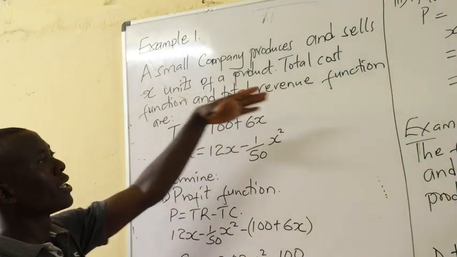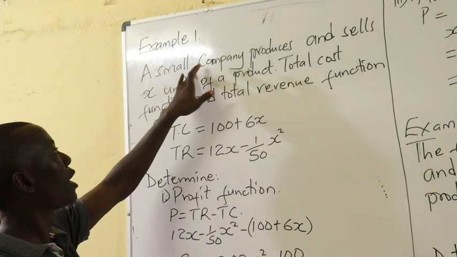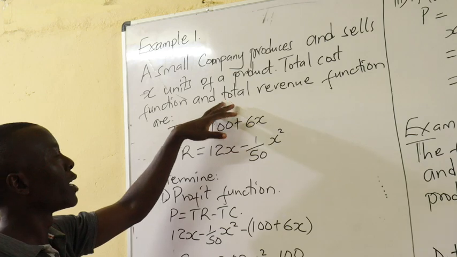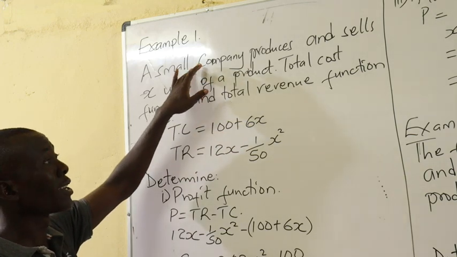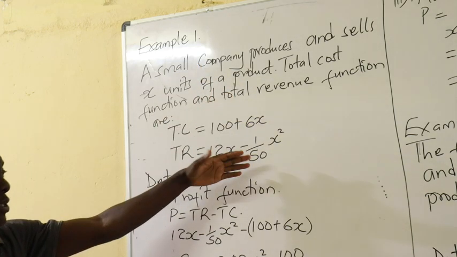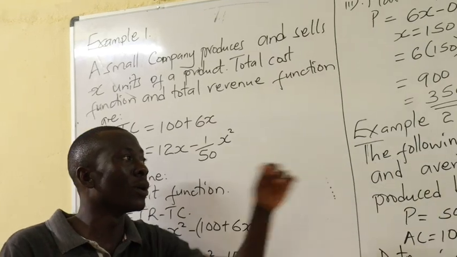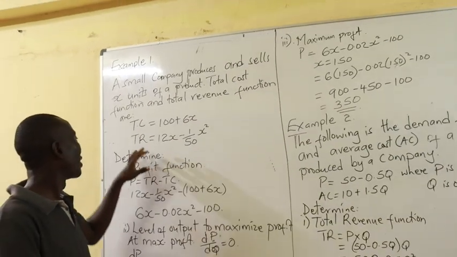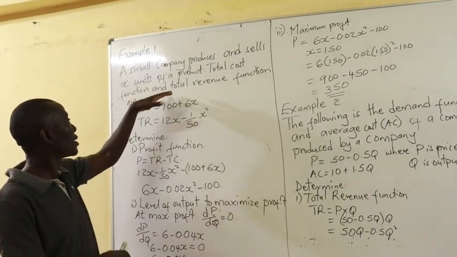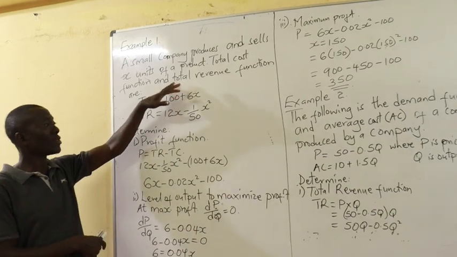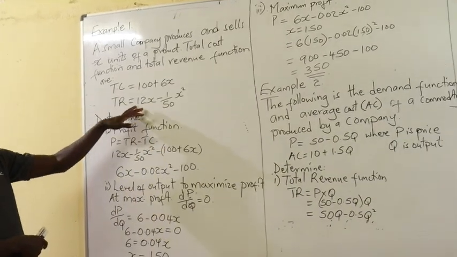So having looked at the various formulas on how we can apply the knowledge of calculus, we'll have two examples that we'll use to show how to apply that knowledge of calculus in optimization.